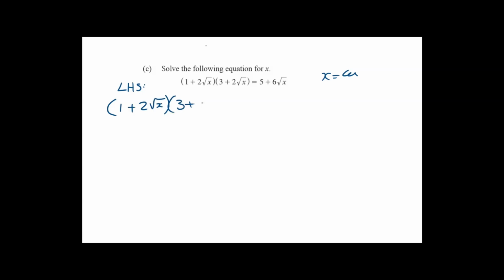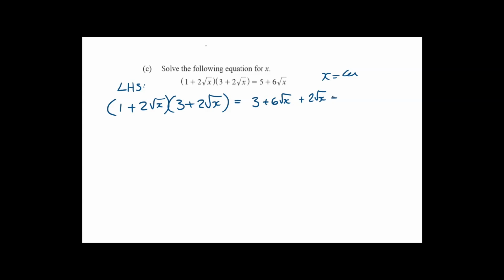So when we simplify it, what are we going to get? 3 plus 6 square root x, plus 2 squared x.